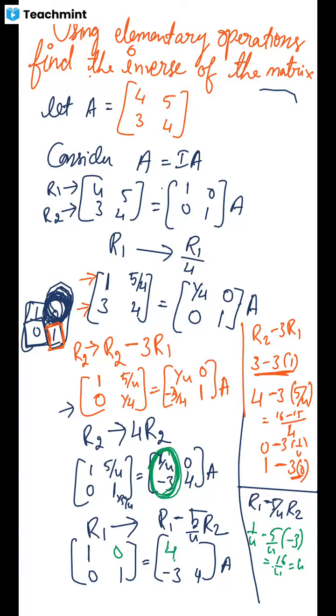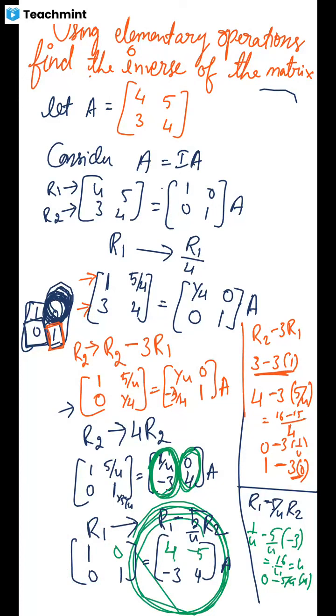Similarly, if you solve these two, R1 value 0 minus 5 by 4 into R2 value 4, the 4s cancel and minus 5 comes. Observe the left hand side. Clearly it is an identity matrix. Identity matrix has come, so what does it mean? This matrix is going to be the inverse of the matrix.